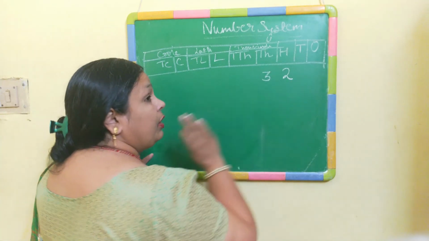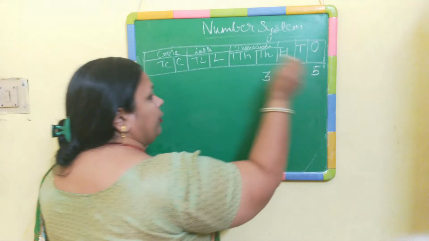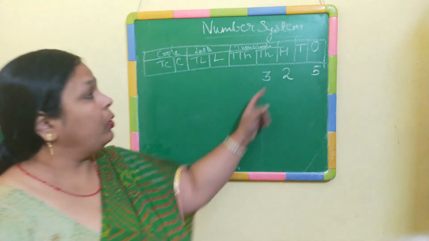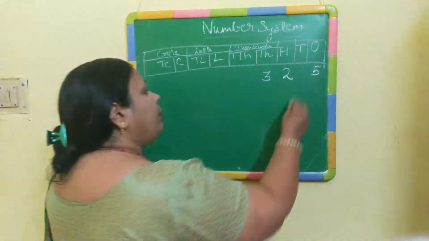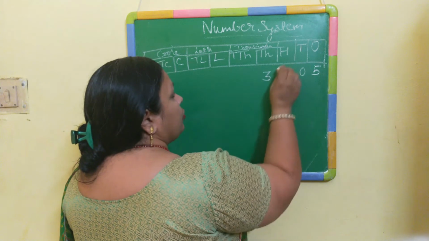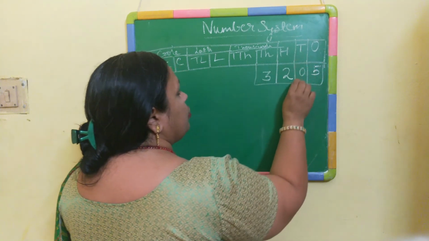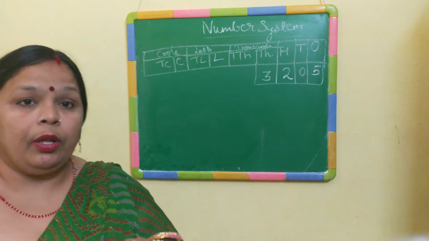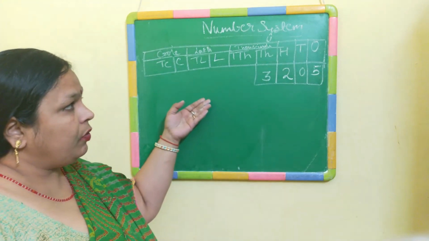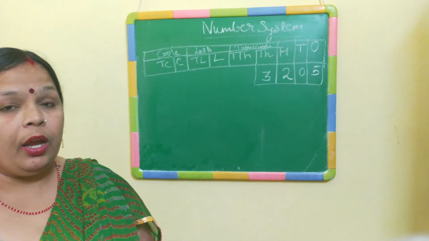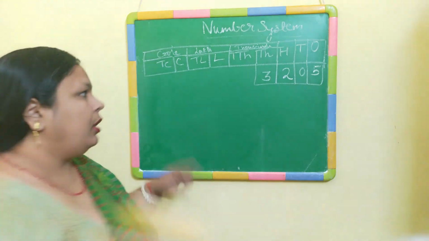We didn't have anything in the tens place, so this came as 5. Clear? Now what about the tens place? Will it remain empty? No. We will mention 0 here. So this is the number form of 3,205. Clear?